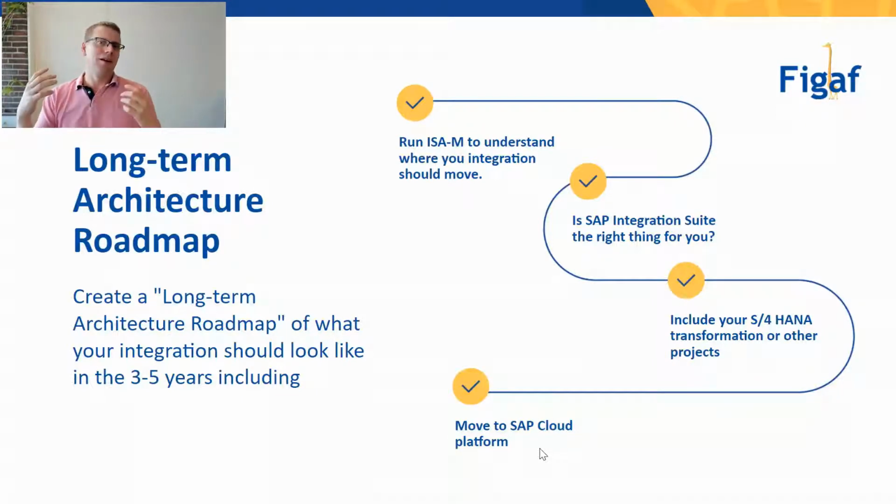Coming from an SAP-centric place, Integration Suite could be the right thing, but obviously there are other competitors in the market that make sense to evaluate. You also want to go through the S/4HANA migration and understand how that's going to affect your roadmap, and then you can move to cloud integration.